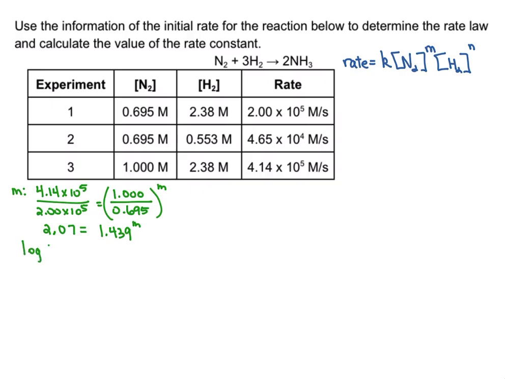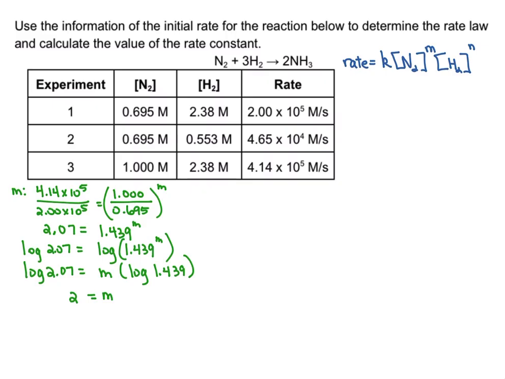So I'm going to take the log of 2.07, and I'm going to take the log of 1.439 to the power of M. Now, by doing that, I can get that power M outside. So it becomes log of 2.07 equals M times the log of 1.439. I can go ahead and divide the log of 2.07 divided by the log of 1.439, and I'm going to get M equals 2.